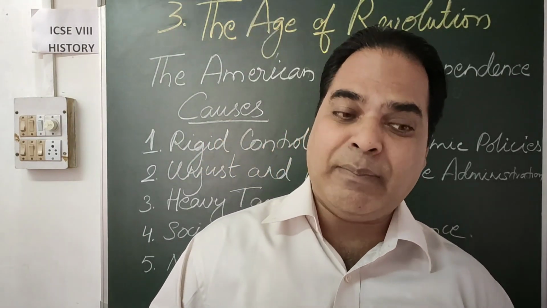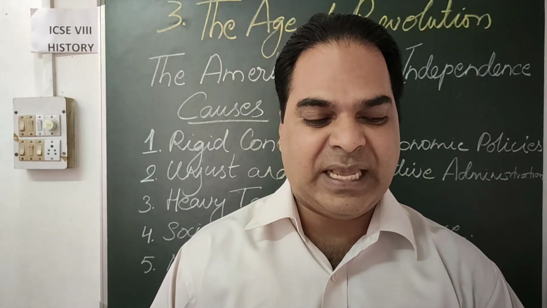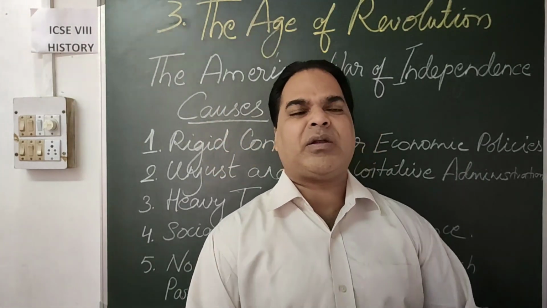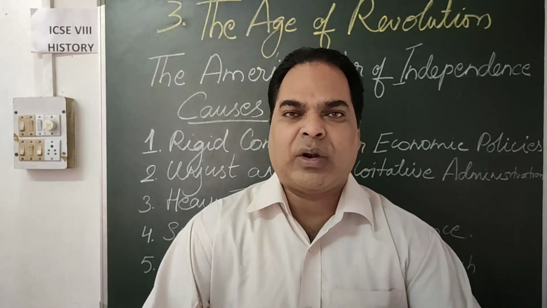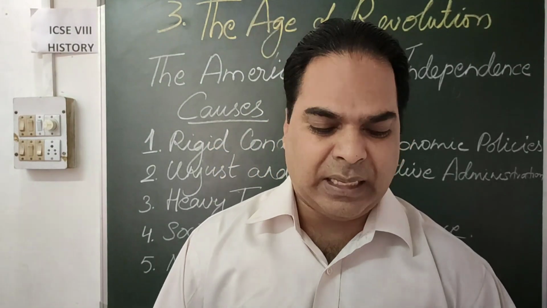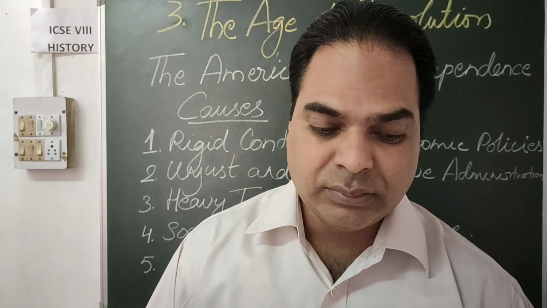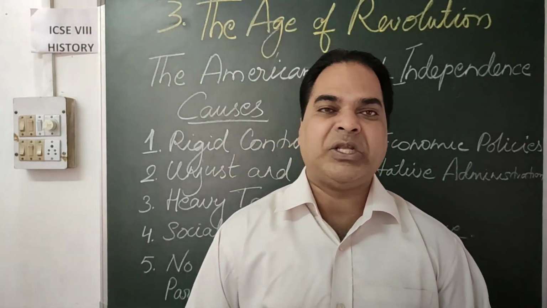The matters came to a head when the colonies demanded the right to have a say in matters affecting them. They thought that if you are our mother country and your government is going to look after our administration, then definitely our rights also should be protected. We also must be allowed to have a say in the government. The colonies argued that the British Parliament had no right to tax the colonists.